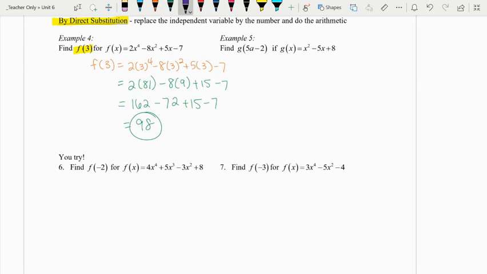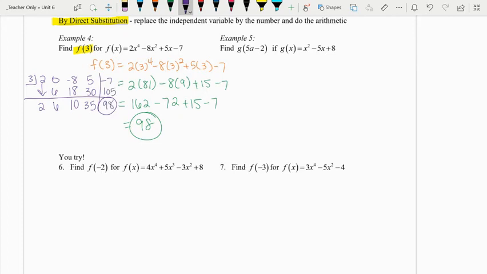Now, yes, you could still do this with synthetic division. You would have 2, 0, negative 8, 5 and then negative 7, and your answer would be here, which I bet you would get 98. So it'd be 2, 6, 6, 18, 10, 30, 35, 105, then 98.